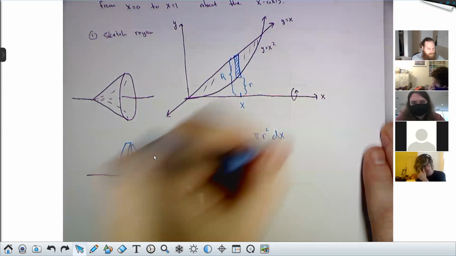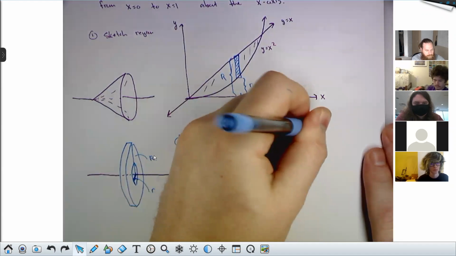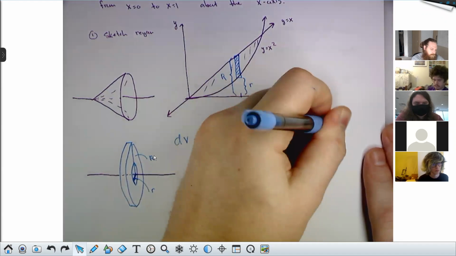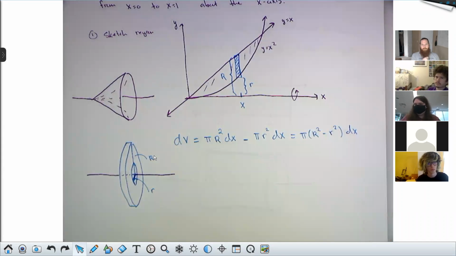And we can clean this up. This is pi times capital R squared minus little r squared, times dx. So that's what my dV looks like in general for disk washer problems.